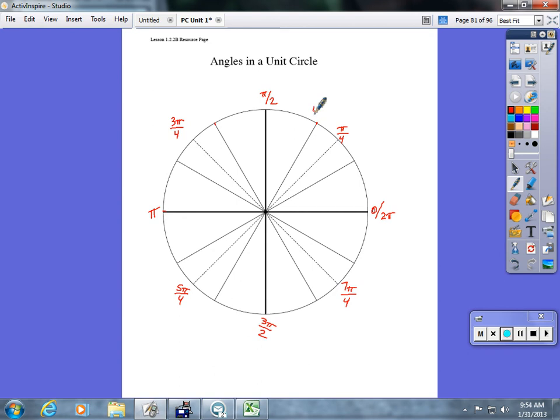I end up with pi over 3, 2 pi over 3, 3 pi over 3 would be 1. Okay? Then I have 4 pi over 3, 5 pi over 3, 6 pi over 3 is 2. So I got all my 60s done.